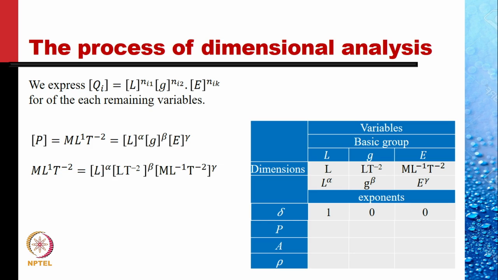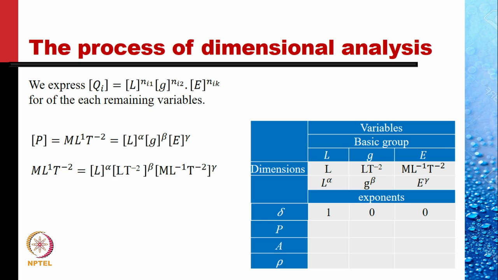P, on the other hand, has a dimension M L minus 1 T minus 2. And we want to represent it as L raised to power alpha, G raised to power beta, E raised to power gamma. So M L minus 1 t minus 2 would become L raised to power alpha, we substitute the dimension of G, L t minus 2 raised to power beta, and we substitute the dimension of E, M L minus 1 t minus 2 raised to power gamma.